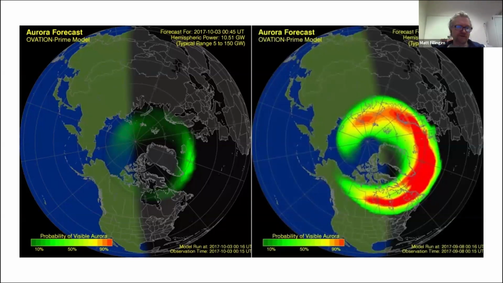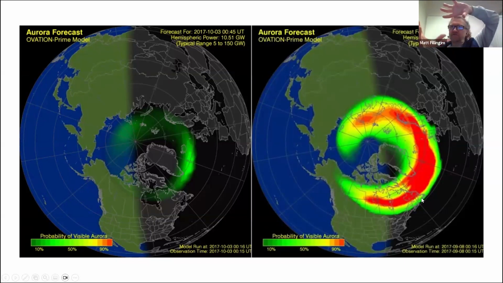On the left is basically where you normally would expect to see the aurora, in green: Scandinavia, Greenland, Iceland, maybe northern Canada into Alaska. When you have a geomagnetic storm, so basically when a coronal mass ejection hits the Earth, that region expands toward the equator, and you can see here it's much broader and goes to much lower latitude.